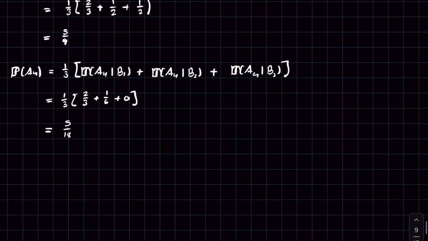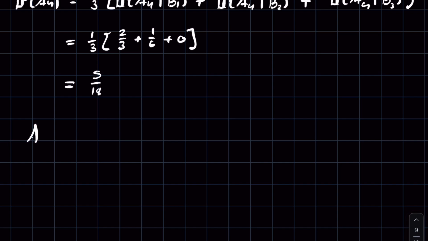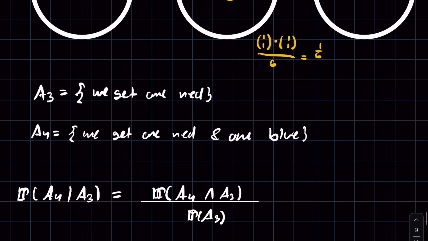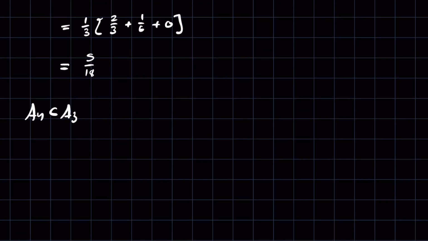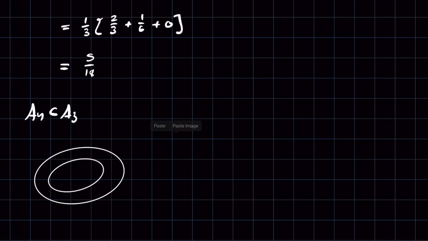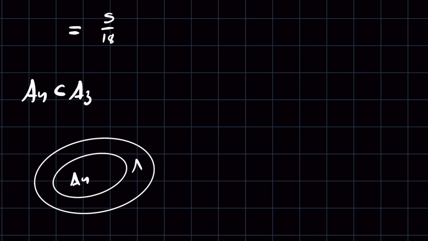And as we know, A4 is a subset of A3, if you think about it. Why? Because in A3 we get only one red ball, and we can get any other type of ball, right? And over here we have to get a red ball and a blue ball. So it's a subset of this guy. Meaning that the intersection between one thing that's a subset and the other thing, imagine this is A4, this is A3, the intersection would just be this.